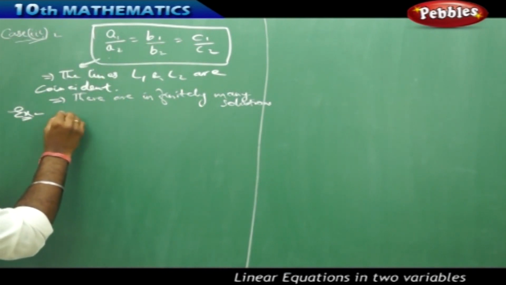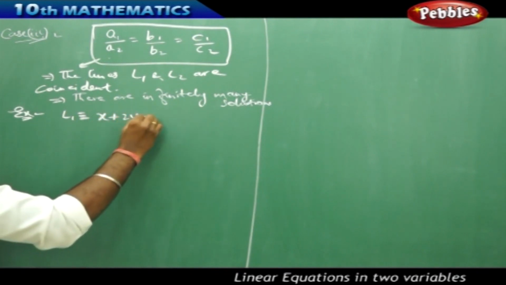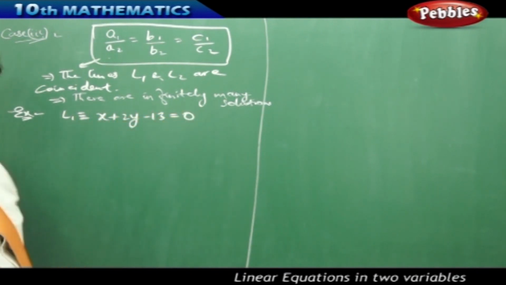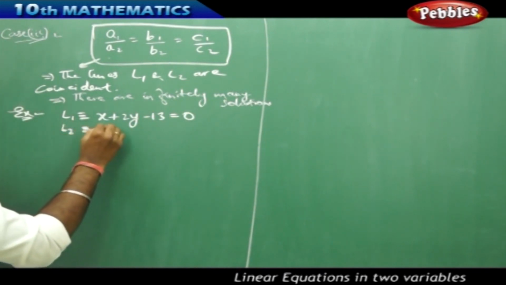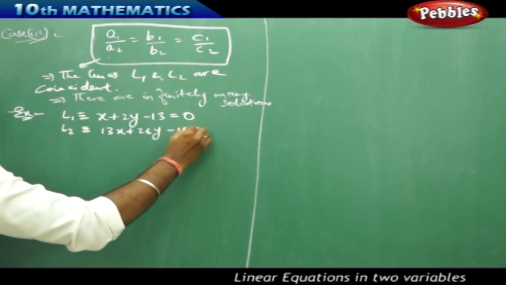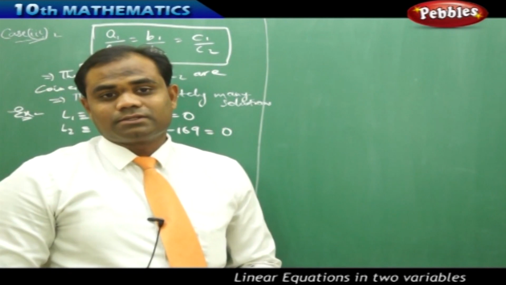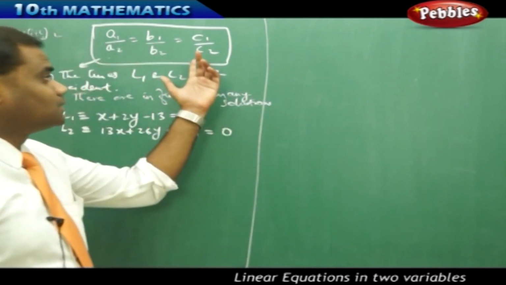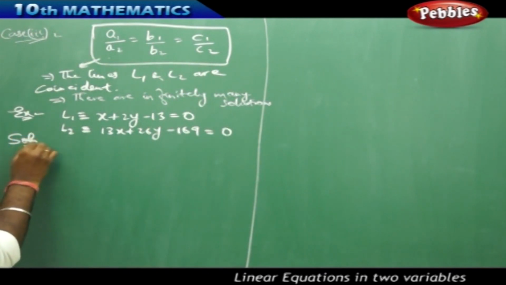So let's see this with an example problem, with coincident lines. Say for example the line L1, which is x plus 2y minus 13 equal to 0, and the other line L2 is 13x plus 26y minus 169 equals 0. Now for these two lines, let's see if this condition holds.